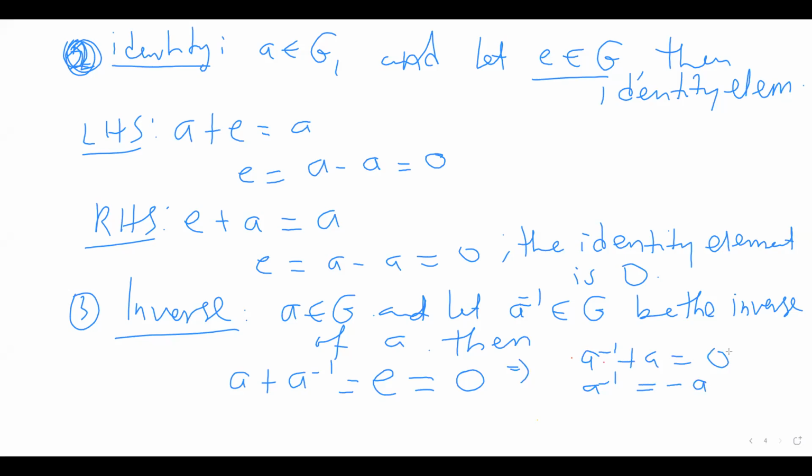Okay, so in essence, we say that the inverse of A is equal to minus A. It means that every element of the integer set has an inverse. We'll always get an inverse.